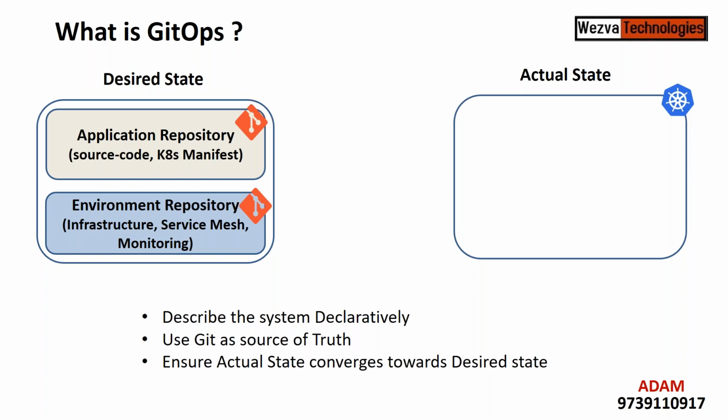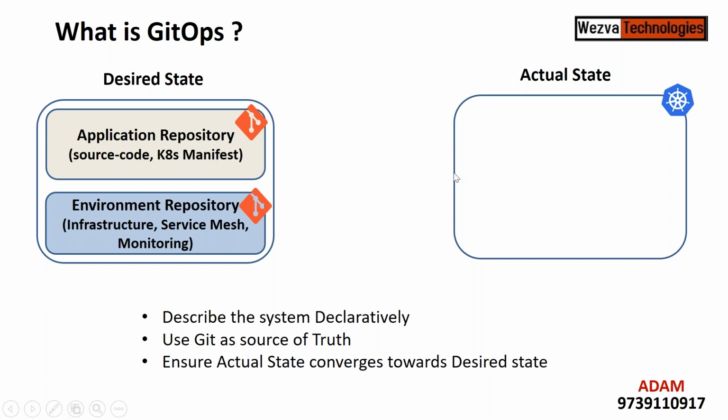In the traditional method, you were doing the same concept, but you were copying the file and doing a kubectl apply. Only then was the actual state maintained, because you defined your desired state in the manifest, but then you went into that machine, kept the file, and did the apply. That is where push was happening, the push mechanism.